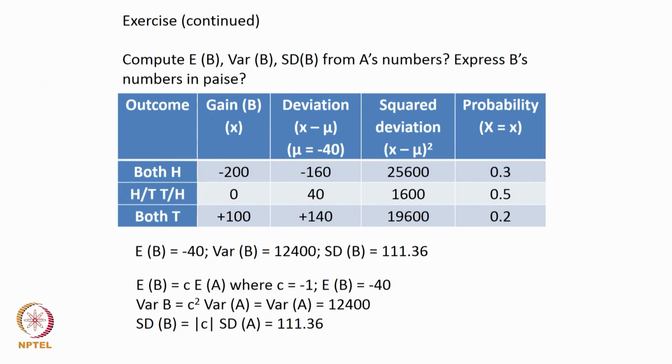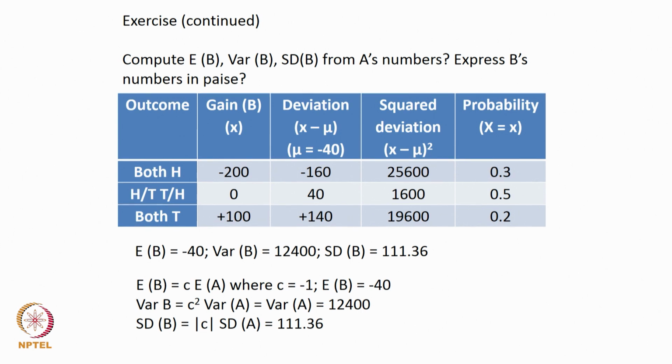Now, let us look at the problem from B's point of view and try to understand the relationship between the expected value of B and the variance of B versus expected value for A and the variance for A. Now, when we look at this from B's point of view, again the random variable takes 3 values with a difference that when both toss heads, B loses 200, therefore, the value that it takes for both heads is minus 200 with the same probability of 0.3.